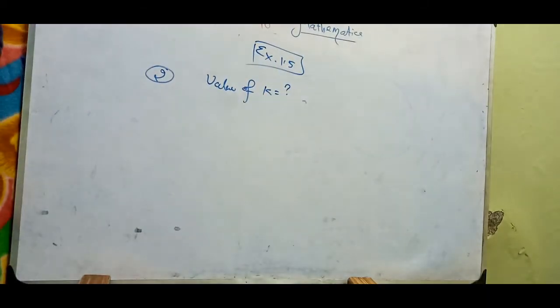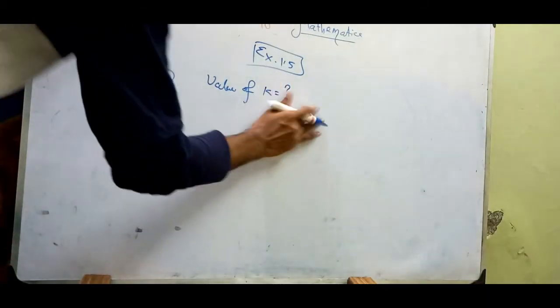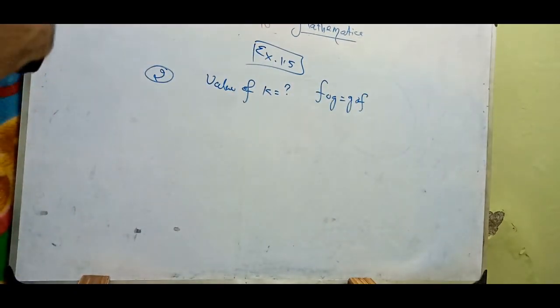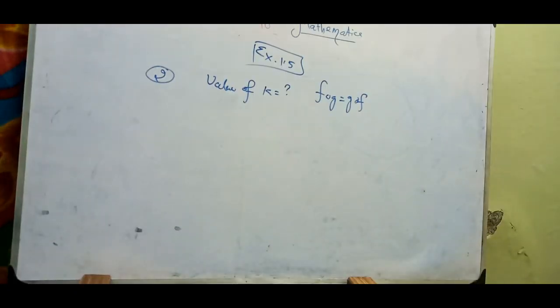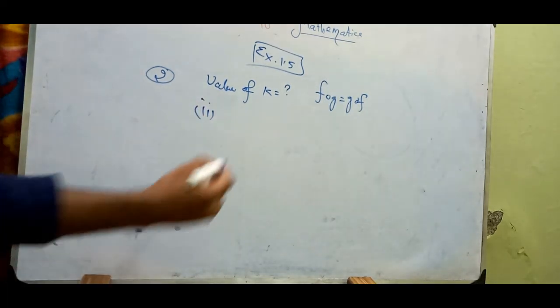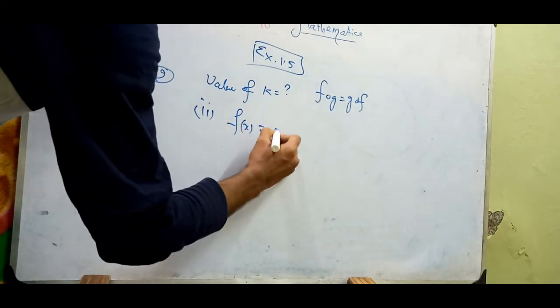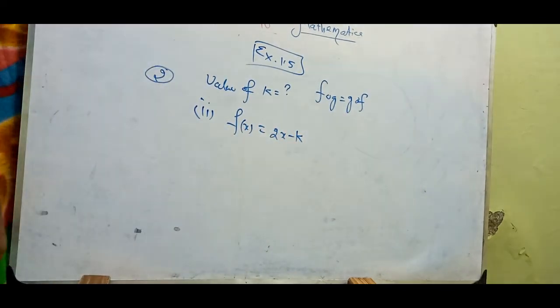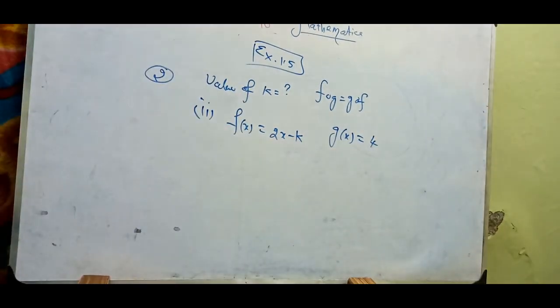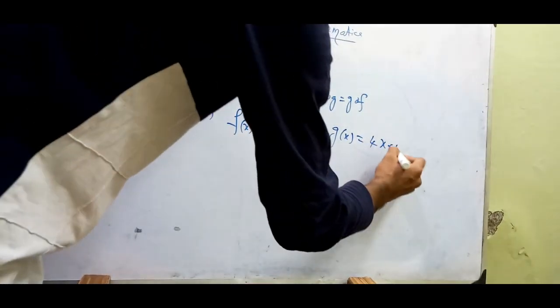The second problem is: find the value of k such that f of g equals g of f. That is, f compose g and g compose f are equal. I'm going to use the second question, where f of x equals 2x minus k, g of x equals 4x plus 5.